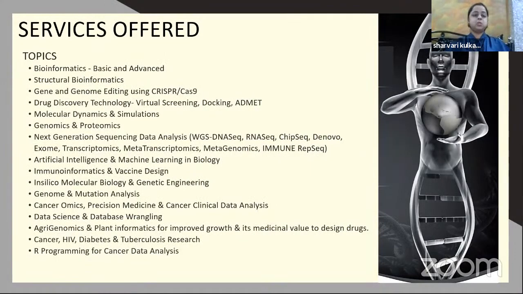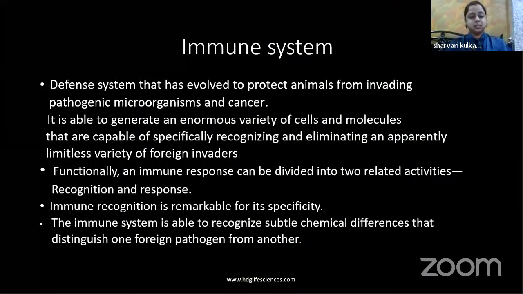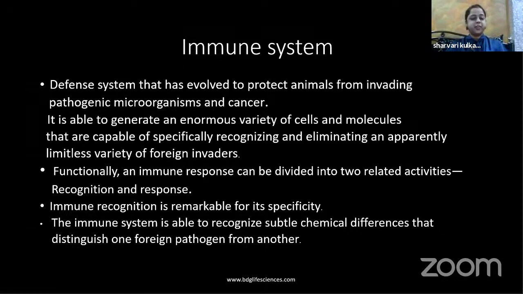So now I would like to start with our actual topic. We will start with the immune system. What is the immune system? The immune system is basically a defense system that has evolved to protect animals from invading pathogenic microorganisms and cancer. It is able to generate an enormous variety of cells and molecules that are capable of specifically recognizing and eliminating an apparently limitless variety of foreign invaders.